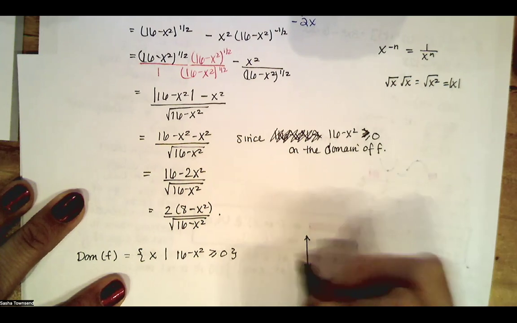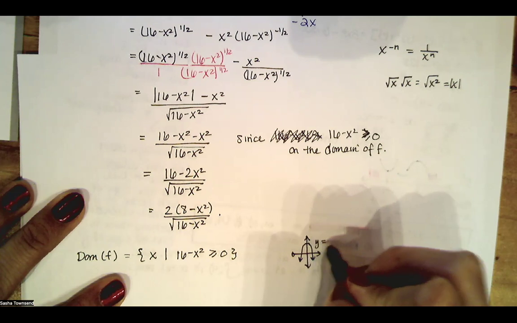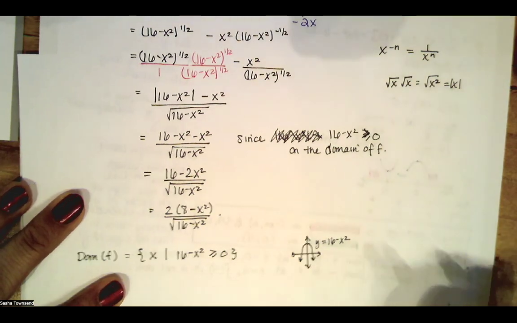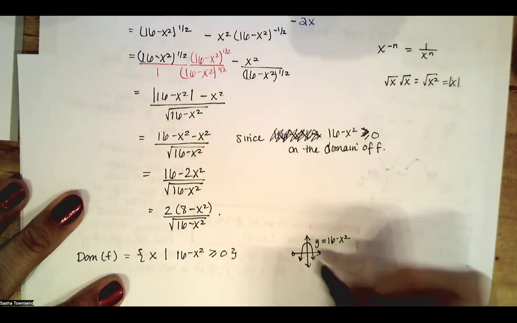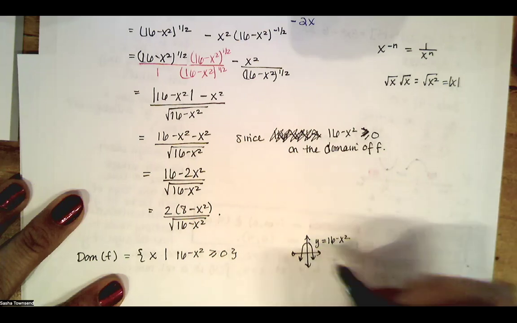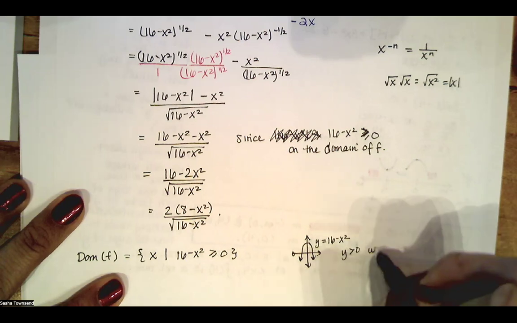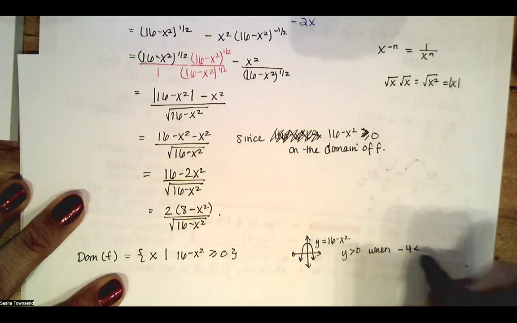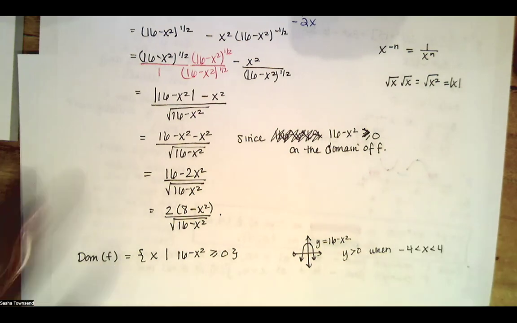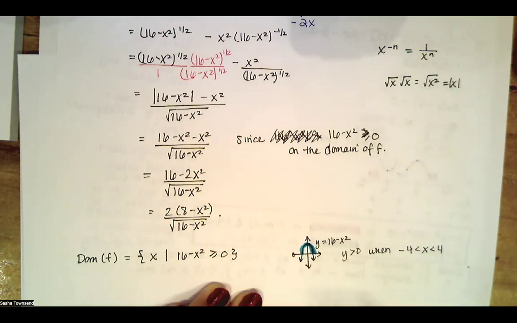And if we look at that parabola, 16 minus x squared just looks like this, right? That's going to be positive whenever the graph is above the x-axis, and that graph is above the x-axis when x is between -4 and 4. So we're saying, when are we up here? When are we in that part of the graph?